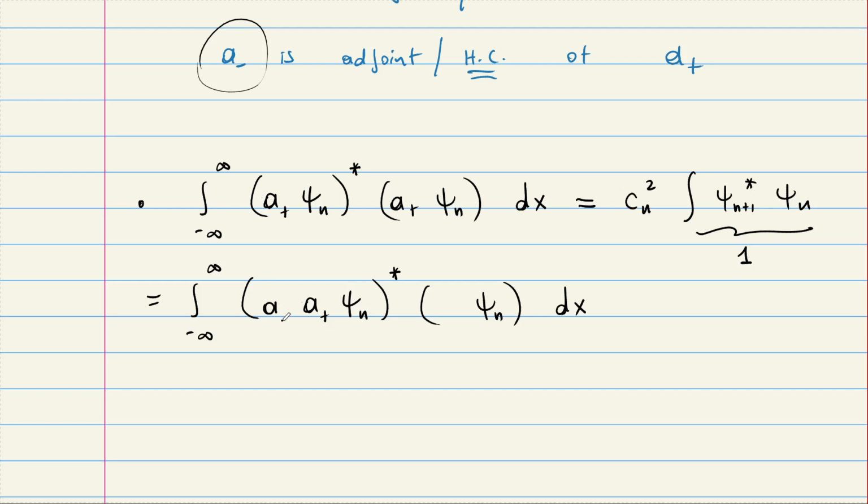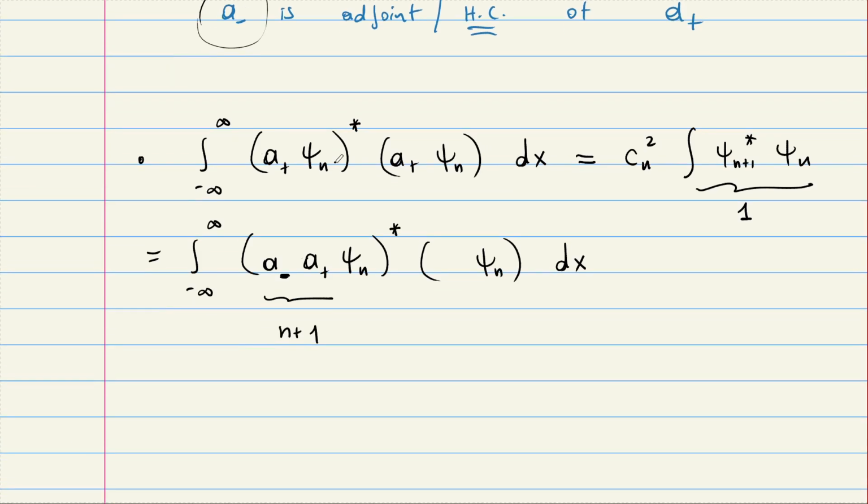But the Hermitian conjugate of A plus is A minus. If it was A minus here and I bring it here, you can also see order is important. I'm putting it at the beginning of this conjugated term. If I had A minus here, it would come here as A plus.